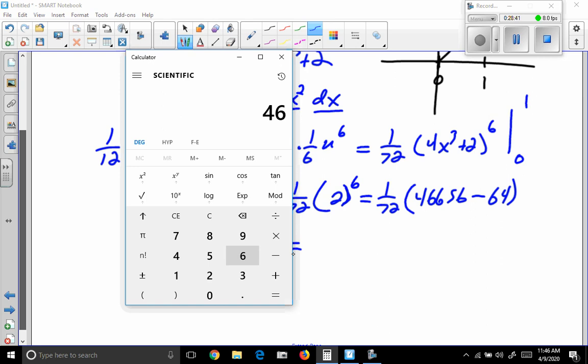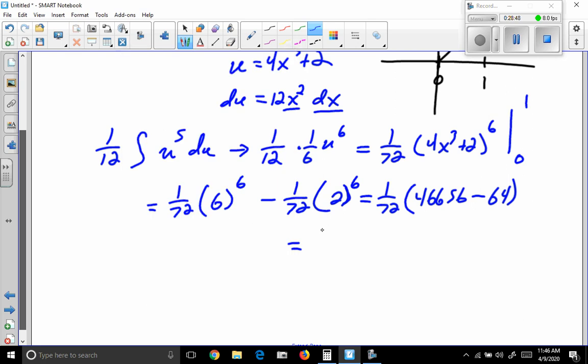So if we take 46,656 and subtract 64, we get 46,592 times 1 over 72.